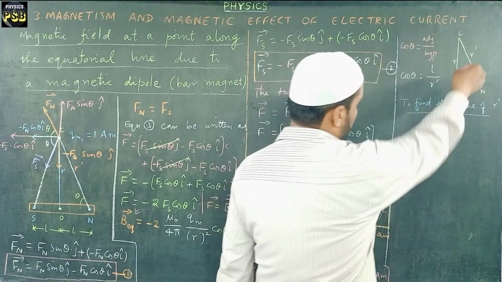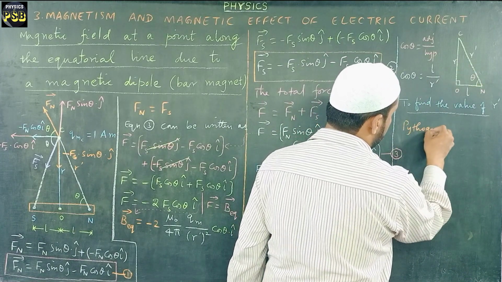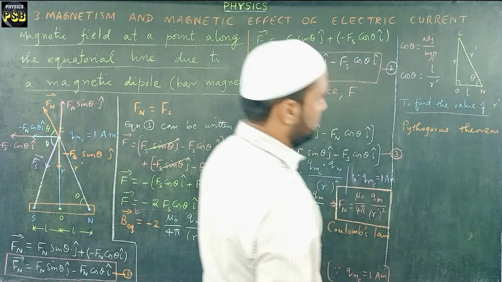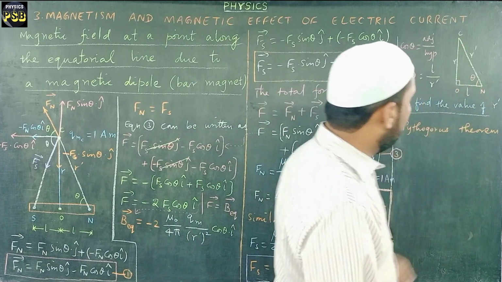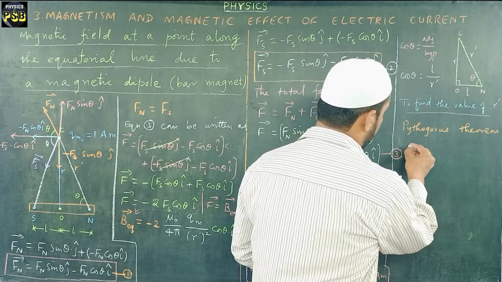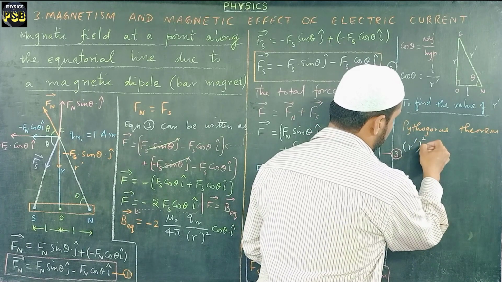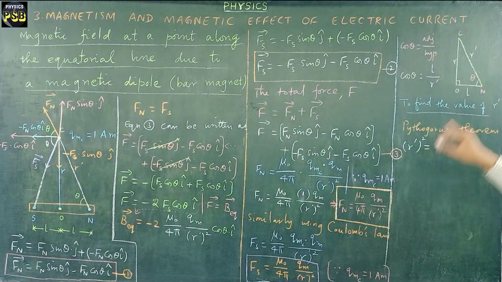The Pythagoras theorem says that the square of the hypotenuse, this r dash, is equal to the sum of squares of the remaining sides.